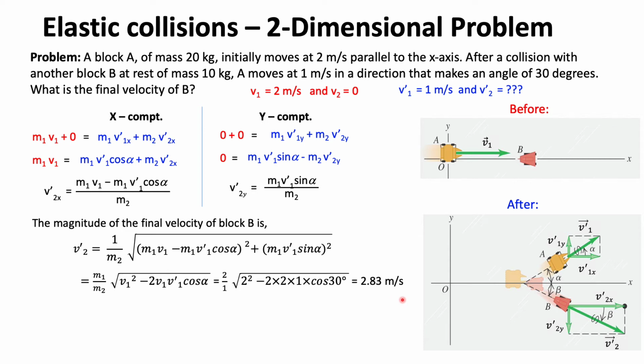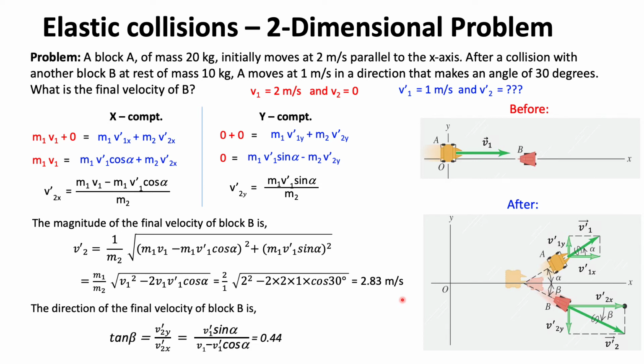But this is not the final solution. We also need to find the direction, otherwise the vector is incomplete, right? We know the velocity, we do not know the direction, so we do not have the whole information. So how do we find the direction? We just take the value of tan beta, which is the y component divided by the x component of velocities.